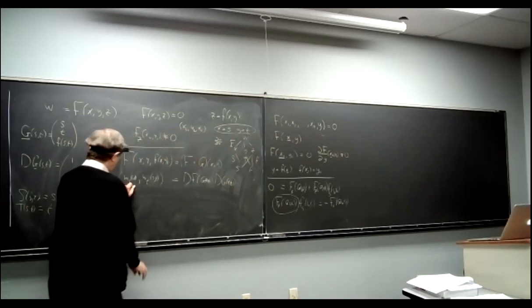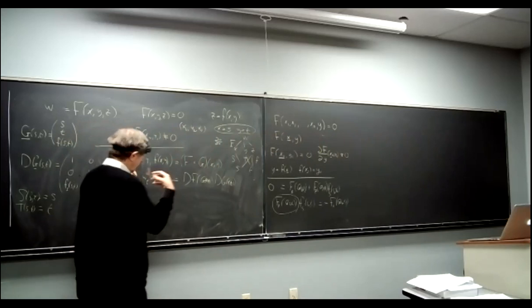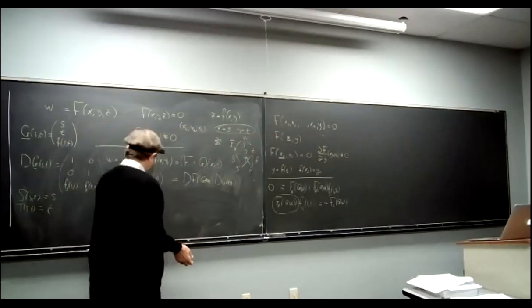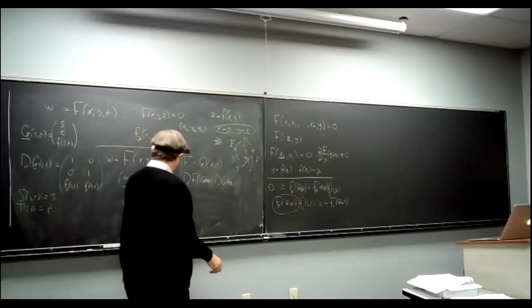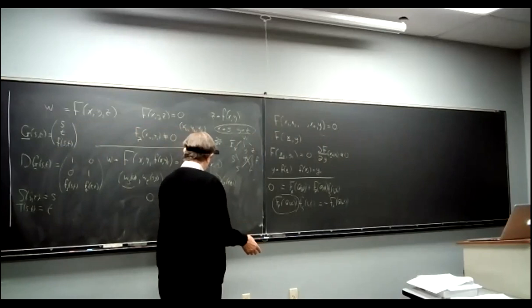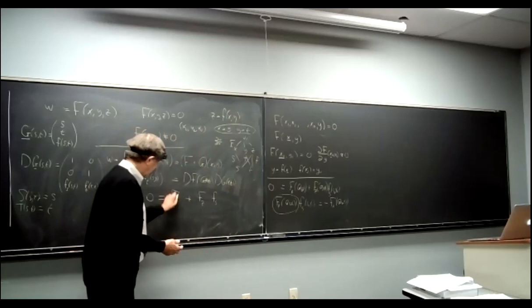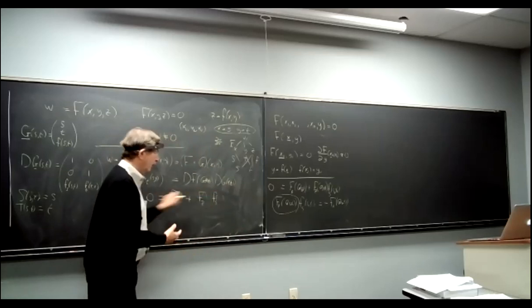When I try to solve at s naught t naught, when you put in s naught t naught, these partial derivatives are 0. And so the first one I wrote over there is f sub x, and I'm going to leave off part of it. It's f sub z, f sub s. Now, this is at certain places, but I don't have room to write it all out here.